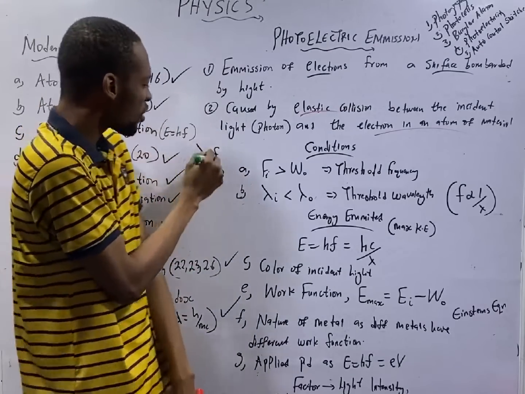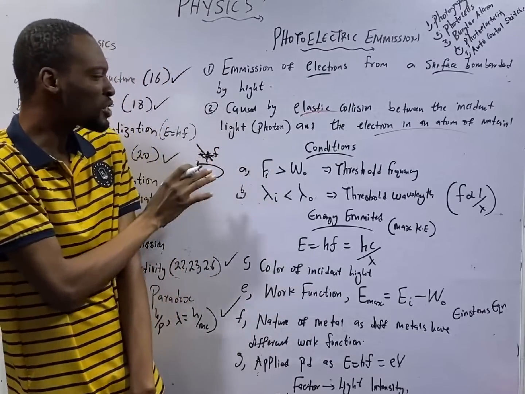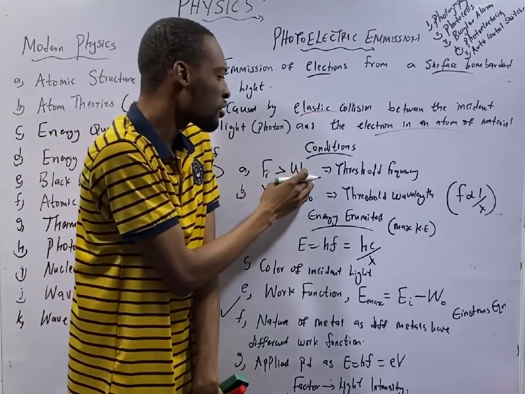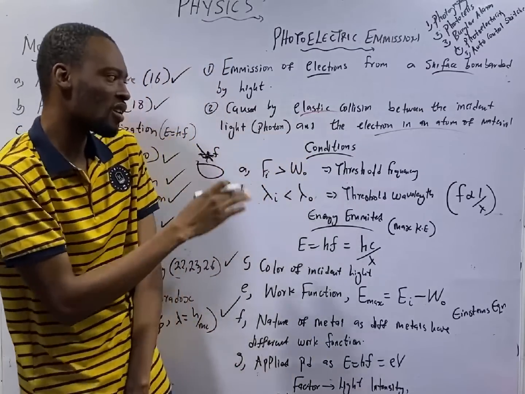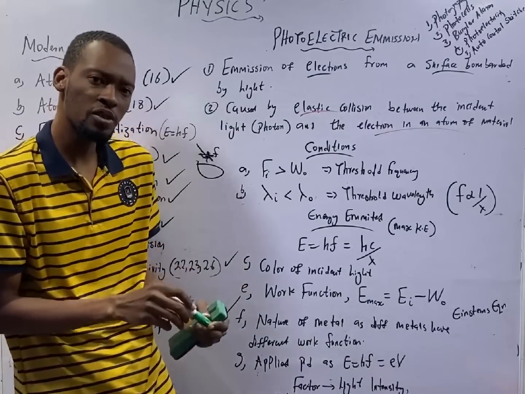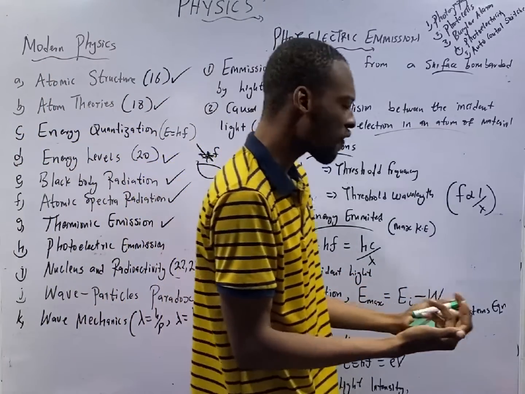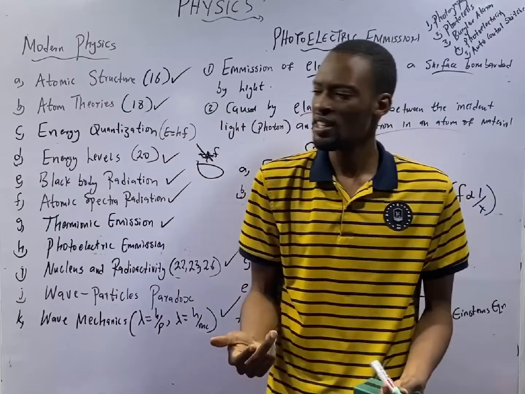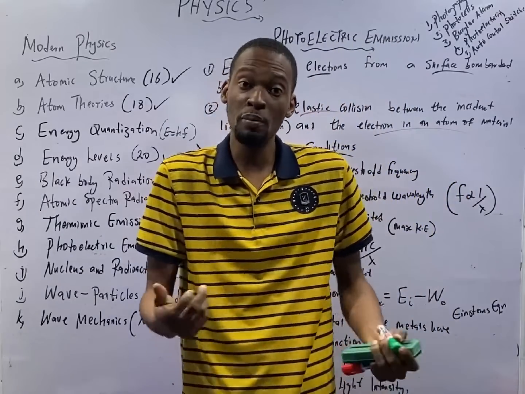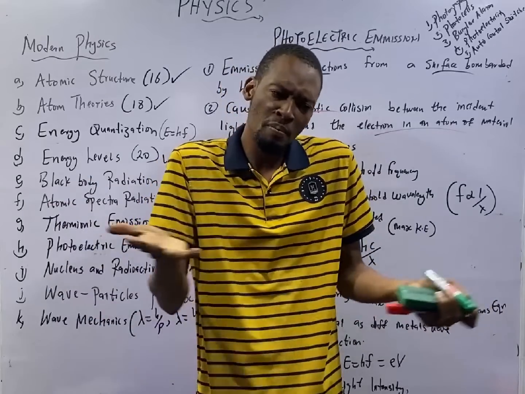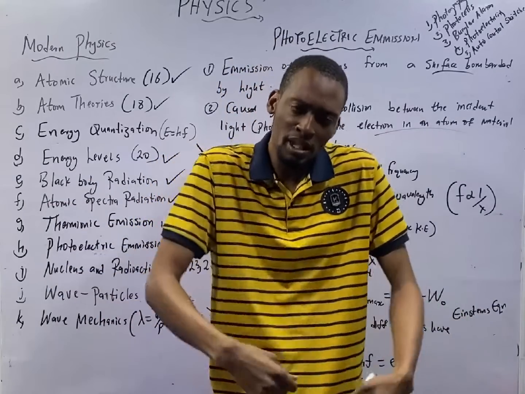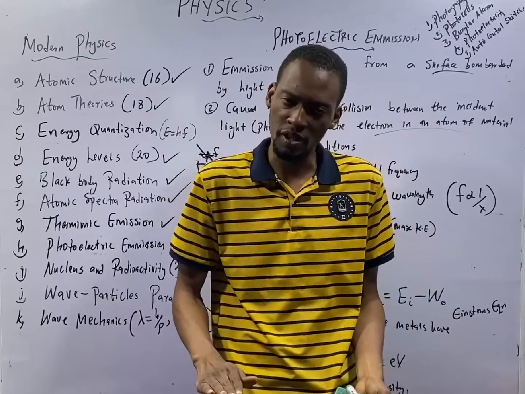The frequency of your light must be greater than the threshold frequency of the material, or the work function of the material. The work function or threshold frequency of the material is the minimum frequency, or minimum energy, you need to emit electrons from that surface.